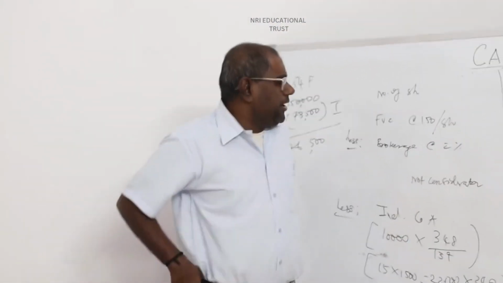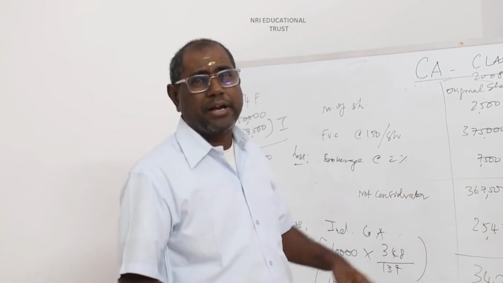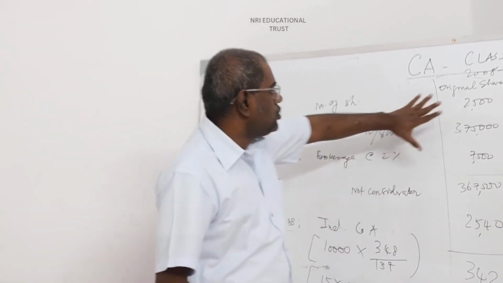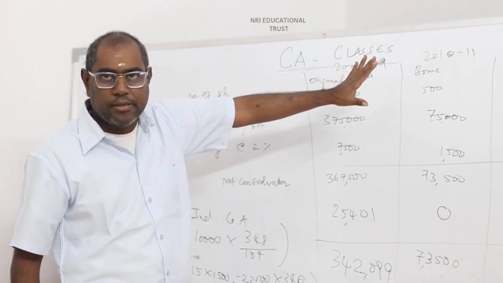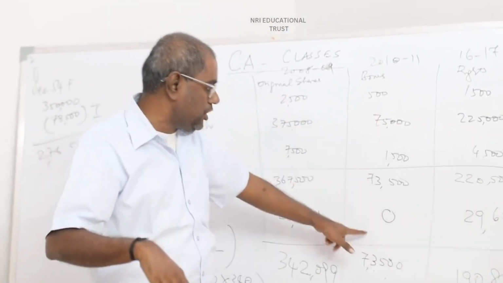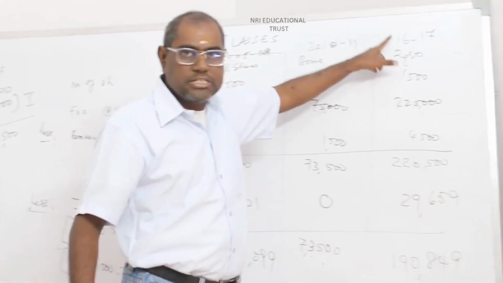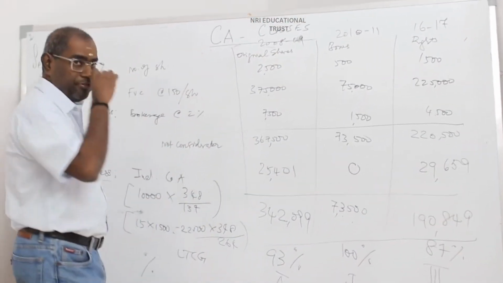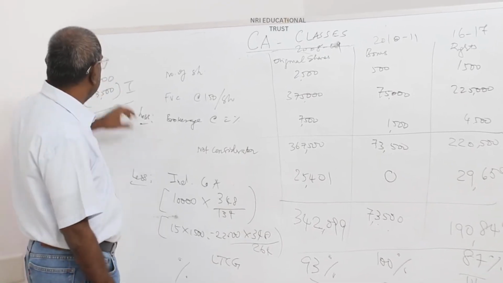Friends, very interesting problem. Please practice this problem 2-3 times. What's happening? Share purchases at various times. Original share purchase; bonus, where the cost of acquisition is 0, we have taken; rights, where the index can be applied, we have done. After that, the 54F exemption ranking.